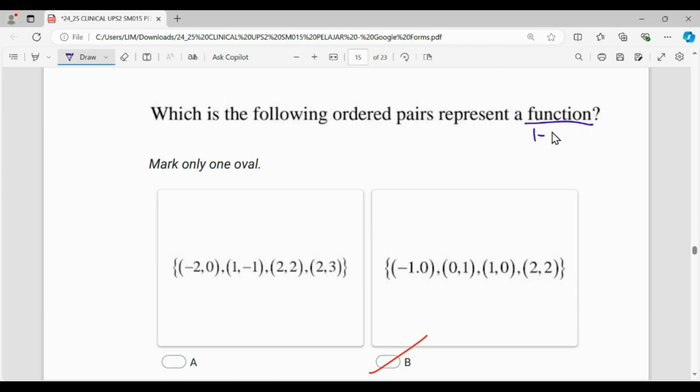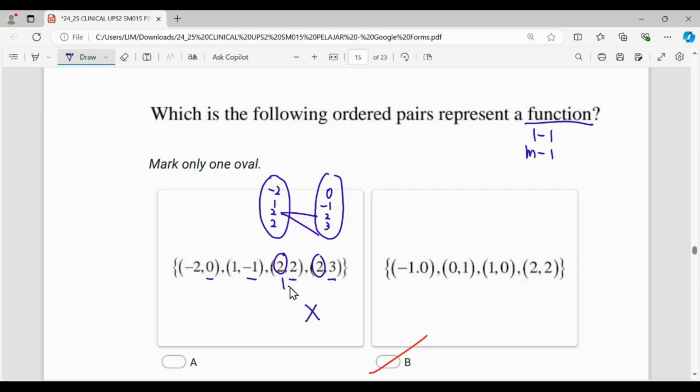So in function, which of the following ordered pairs represent a function? For a function, we need 1 to 1 or many to 1. So the answer only is 1. Okay, so we have 2 mapping to 2 answers. This is 1 to many. This is not a function. And then we look at here, -1, 0, 1, 2, and the answers 0, 1, 0, 2. So -1 to 0, 0 to 1, 1 to 0, 2 to 2.